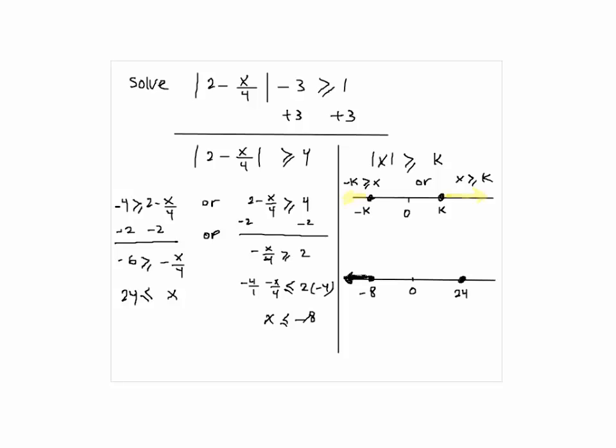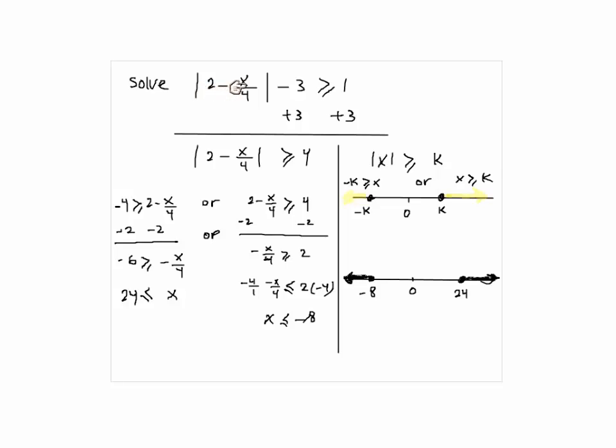So the region would be very similar to the basic one we had here. Would be all the numbers to the right and left of a couple of numbers, like in this case would be 24 and -8. We can easily check our answer too, if I pick a 0, which is not the solution, and plug it in here, then it should confirm that 0 is not a solution.